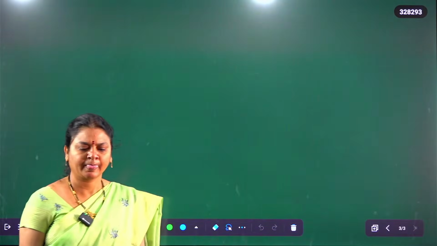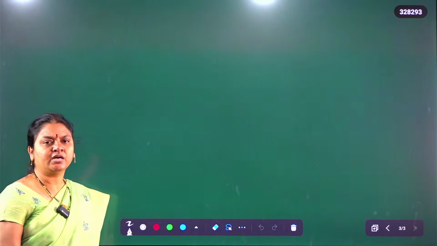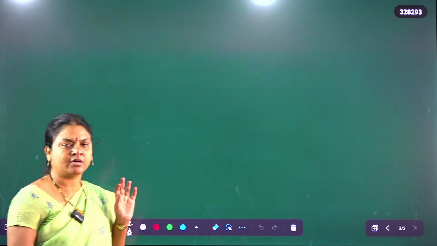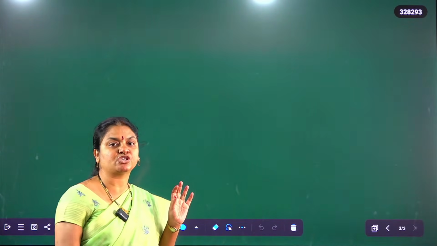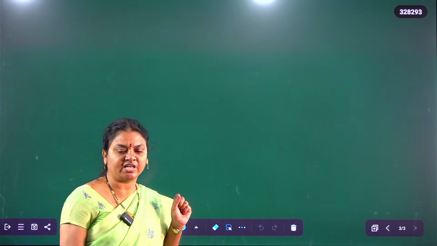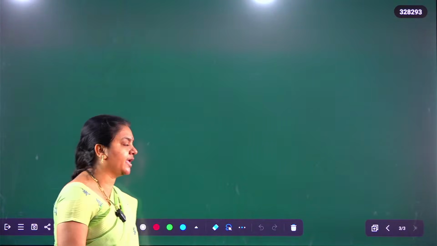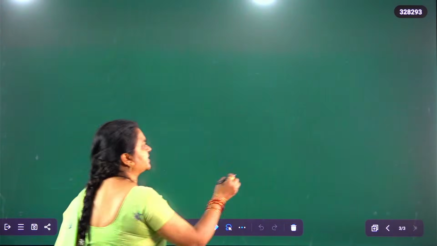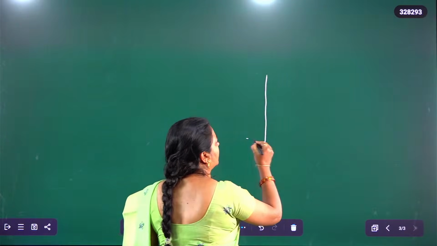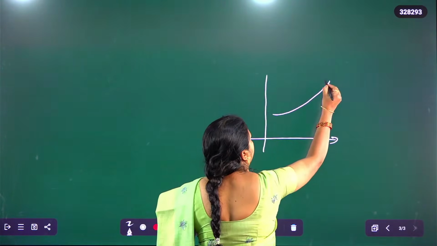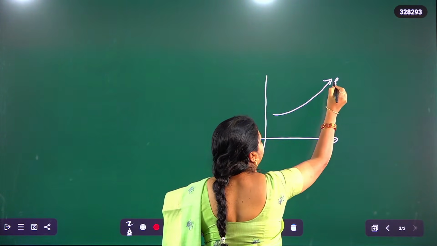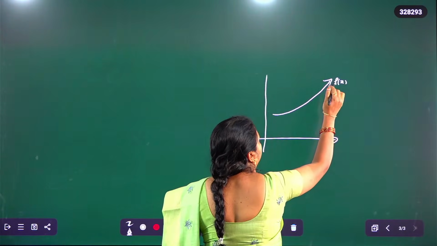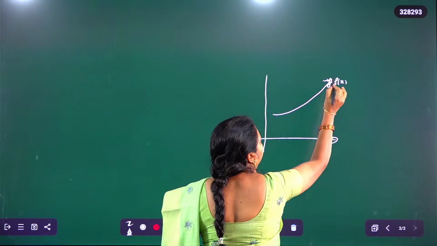Now we have learned the definition of the derivation. Now, for the same function, let us say f of x, y is equal to f of x.